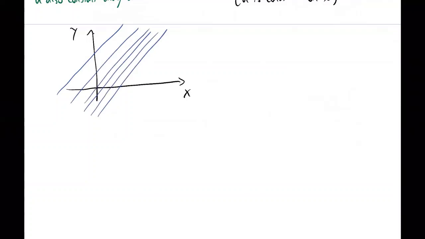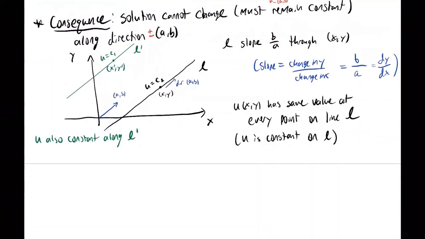And so on each of these different lines, maybe the function u has a different value, but I know that if I stay restricted to one of them and just move along one, the function can't change, right? And so what does this tell us? This tells us basically that you can think of u as only depending on the particular line that the point is on with this particular direction, rather than depending on the actual point. So that's maybe a fancier way of looking at this.